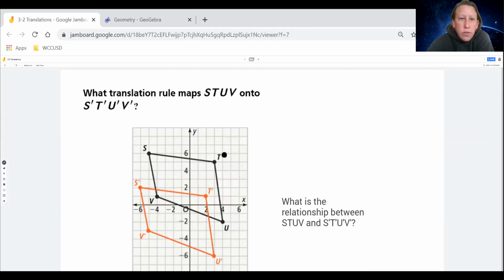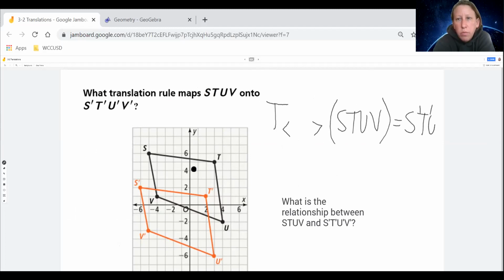Okay, we can also do this another way. We can say, here's the answer, essentially. What was the translation? So if I want to say, what did I translate, how much and how much, quadrilateral STUV to get to S prime, T prime, U prime, V prime?